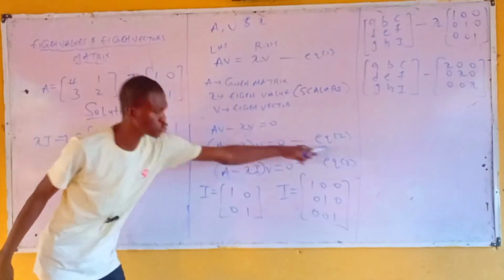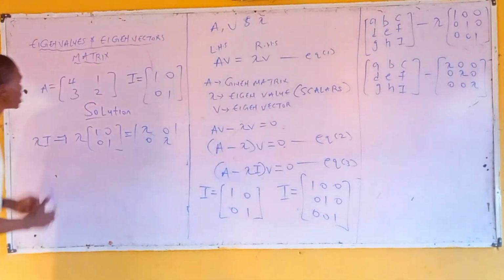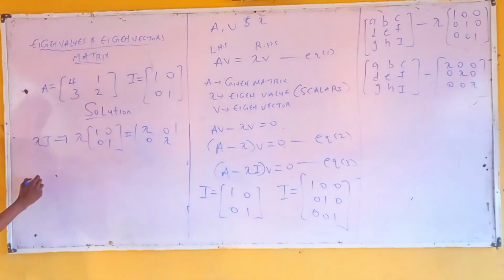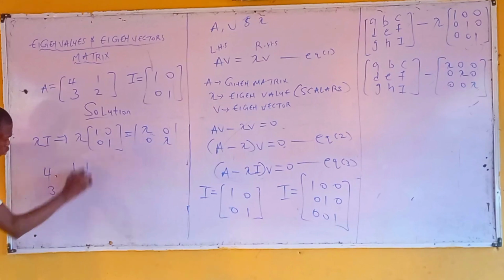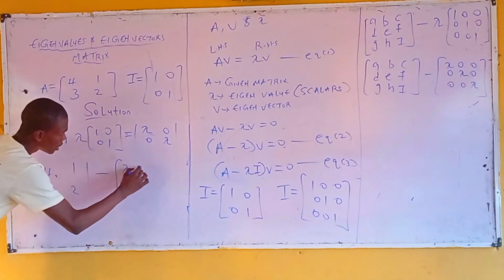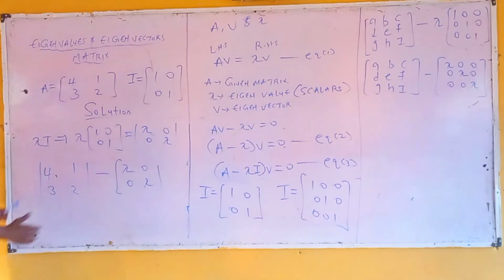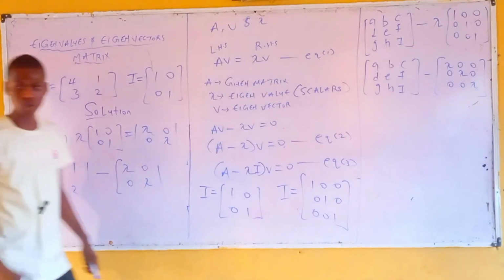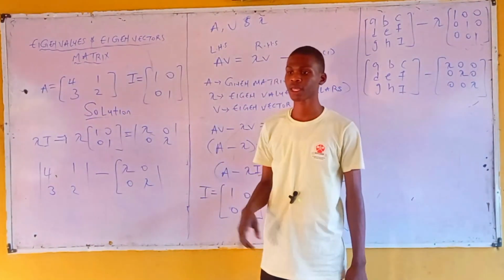Now let's work with equation 3, since that's what we are using. By equation 3, it means the given matrix, which is this, 4, 1, 3, 2, subtracted from lambda, 0, 0, lambda. For now, let's work with this. When you are working with this, what it means is that you want to get eigenvalues.